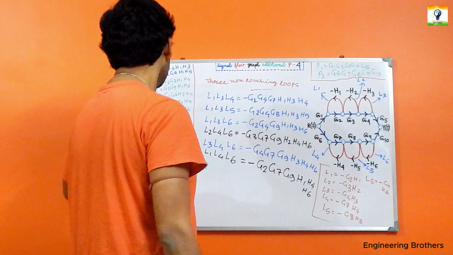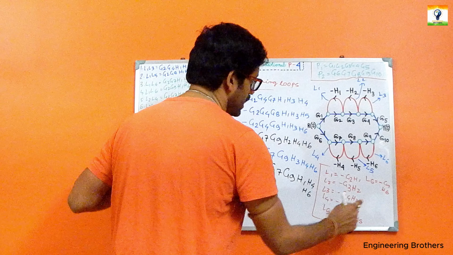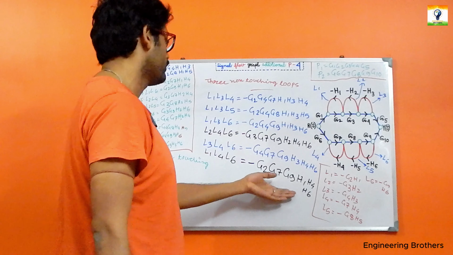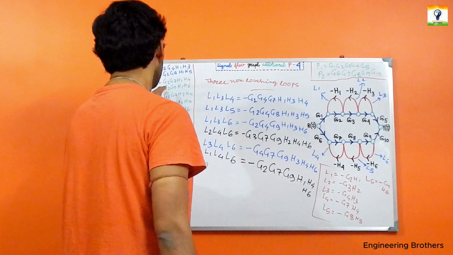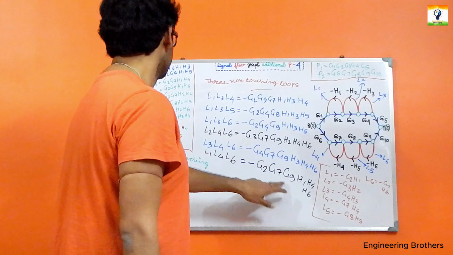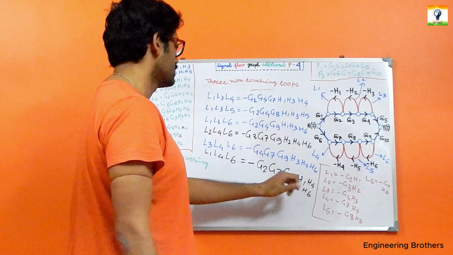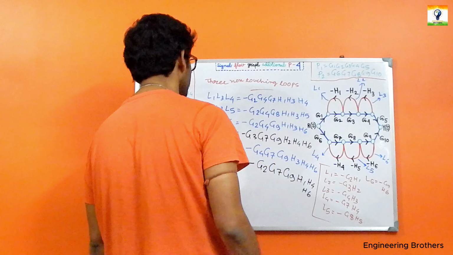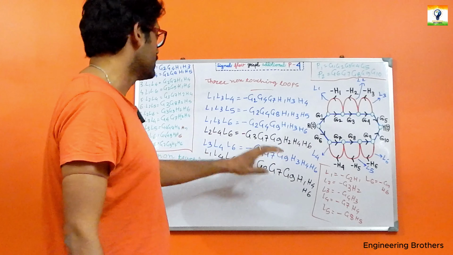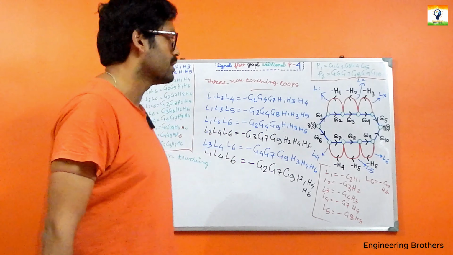Just simply multiply the gain of L1, L4 along with L6, and quite naturally the expression for that overall gain will be G2, G7, G9, and H1, H4, H6, which we can see as our three non-touching loops. These are the three non-touching loops present in our given signal flow graph.